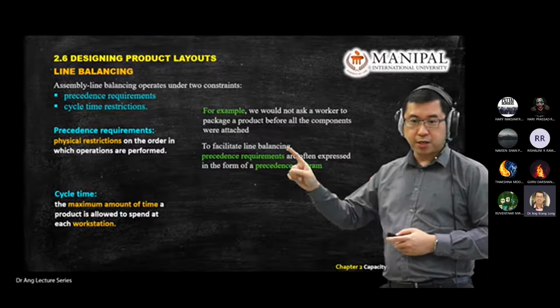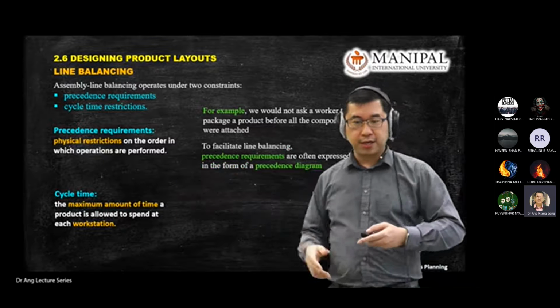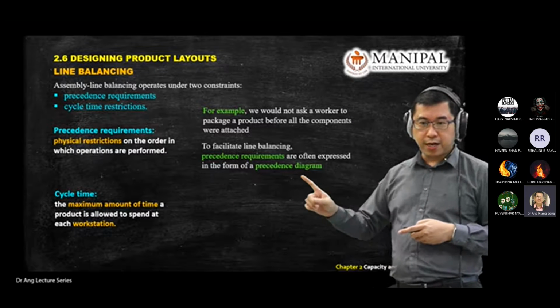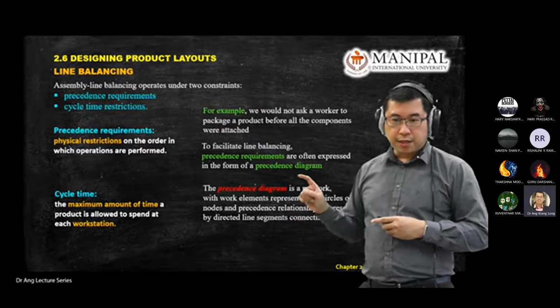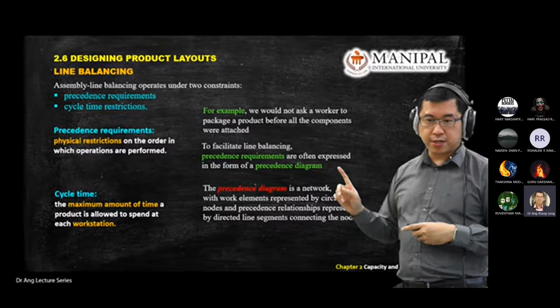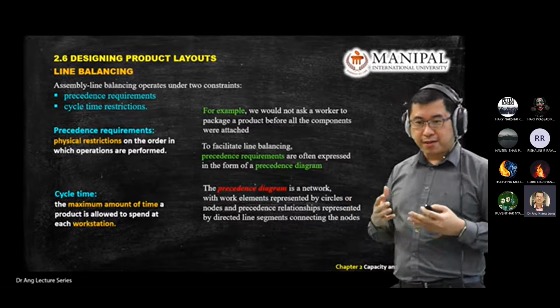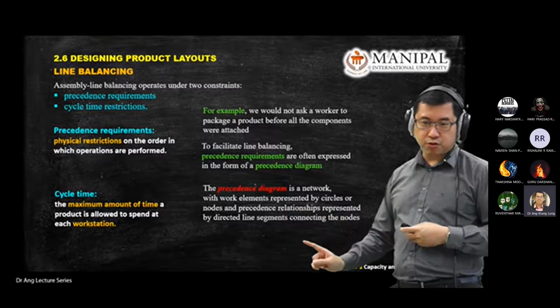It shows all the requirements, what process needs to come first before the next one. You cannot jump the queue, so you need to follow the requirement. It is just a diagram that shows the relationship in the process from point to point. You can read through the slides.